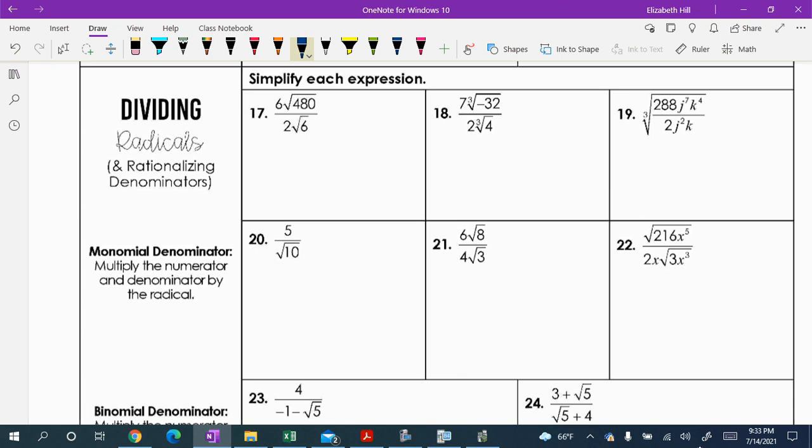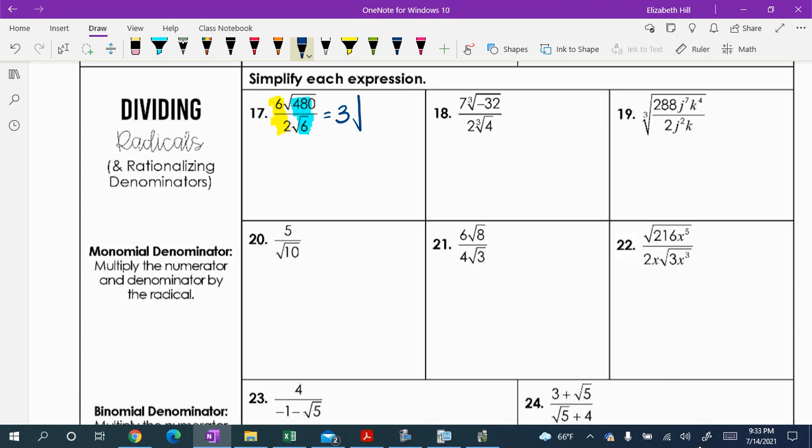So here we've got 6 square roots of 480 divided by 2 square roots of 6. What is awesome, if it happens, is you can sometimes do a little simplifying initially. I love it when this happens. So 6 divided by 2, we can rewrite that as 3.